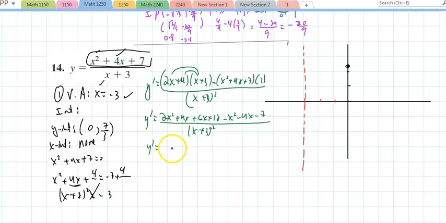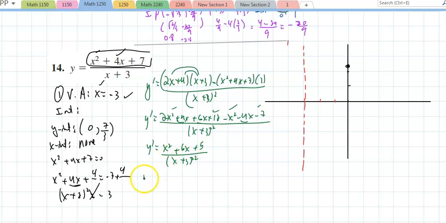Y prime is x squared, 4 plus 6 is 10. 10 minus 4 is 6x. And 12 minus 7 is a 5.